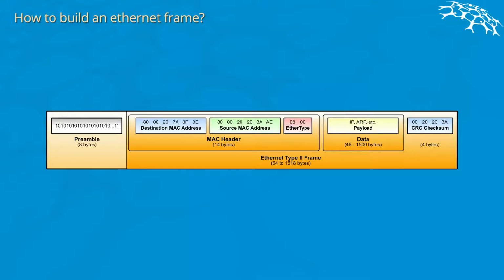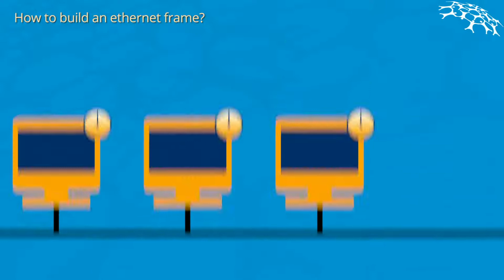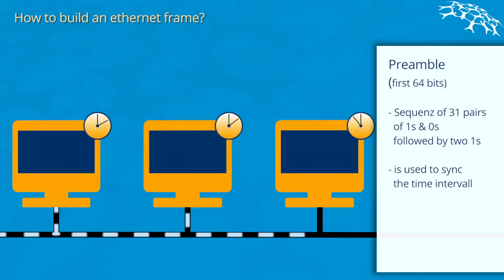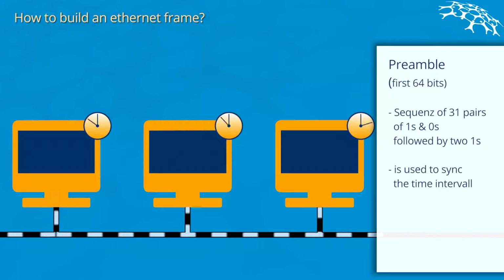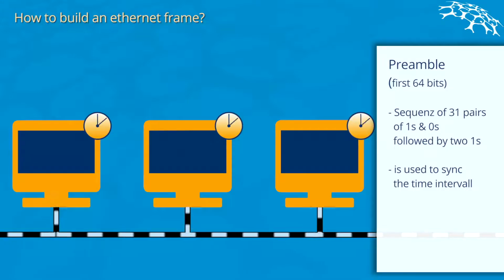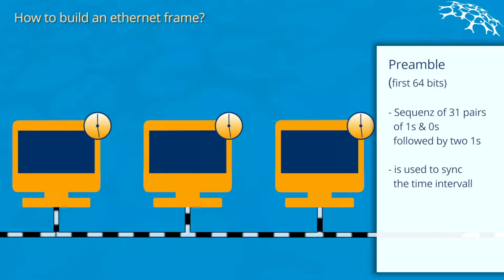So let's start at the very beginning with the preamble. The first thing that the preamble does is it puts a sequence of ones and zeros on the network. This is actually made to find out how long one bit should be. You put 64 bits in the preamble, and you always do 10 10 10, and you do this with your own clock and time.